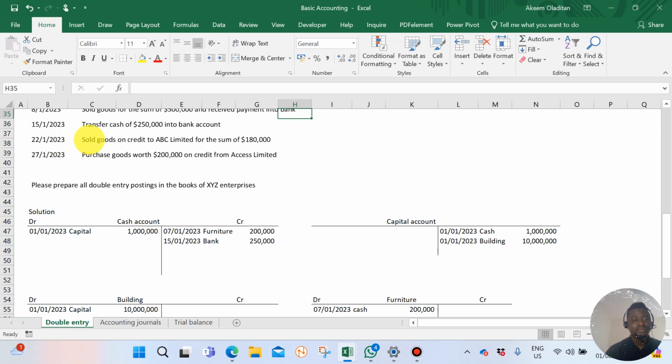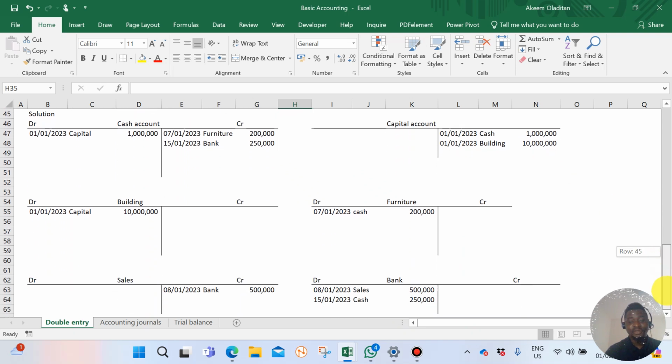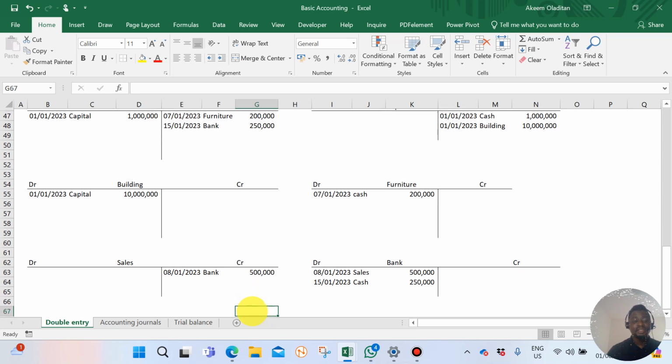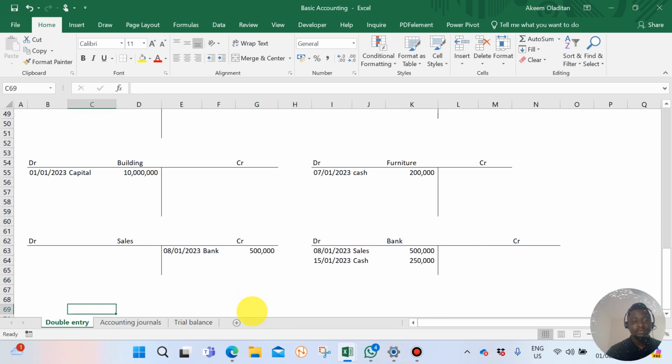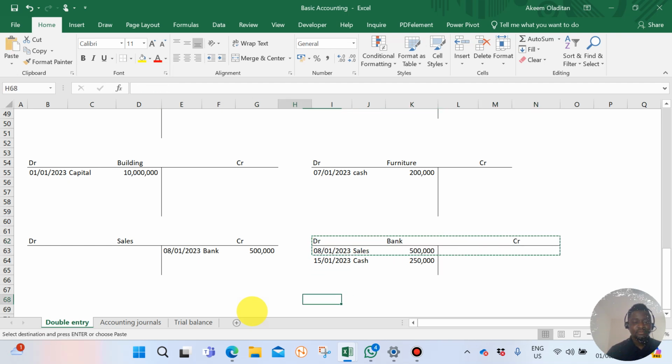Sold goods on credit to ABC Limited for the sum of 180,000. So this is another dimension to it. The company sold goods on credit to ABC. So now we have the sales account and we have ABC Limited. Let me copy it down.